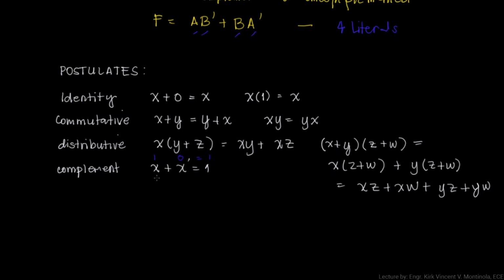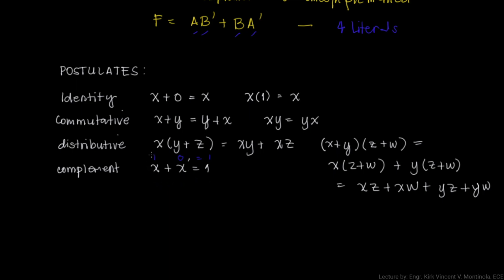But if x is 0, its complement is 1, so your answer is always 1. That's why, for this postulate, a variable added to its complement always results in 1.